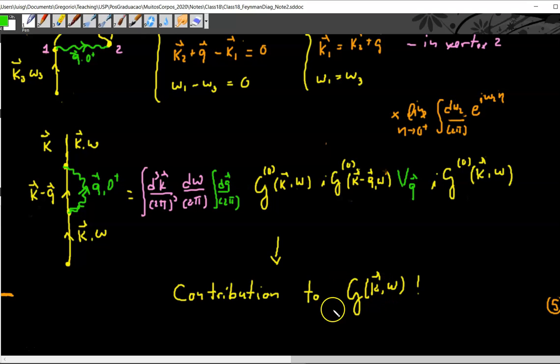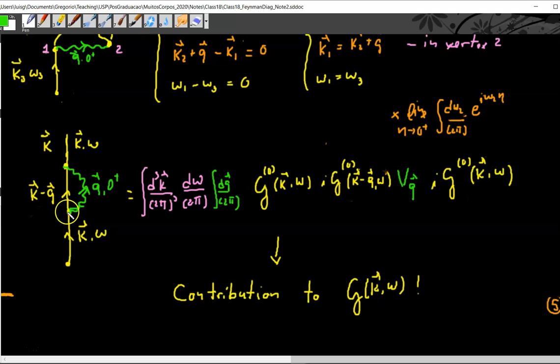So with that, we can essentially generalize our rules for building Feynman diagrams in momentum space. And the most important thing to realize is that instead of associating coordinates to the points, you're going to associate momentum and frequencies to the lines here.